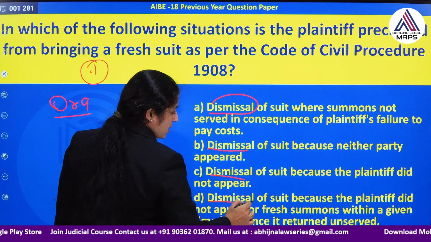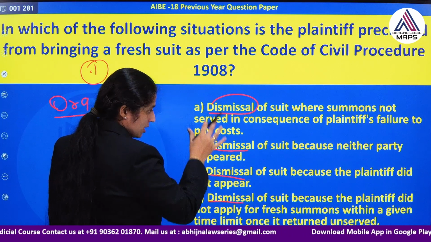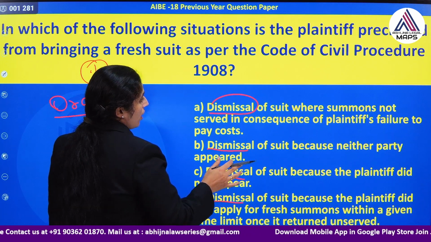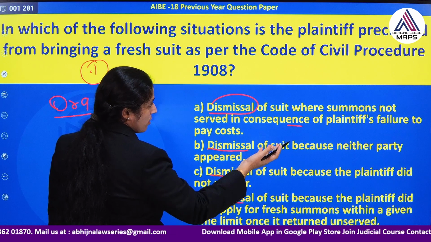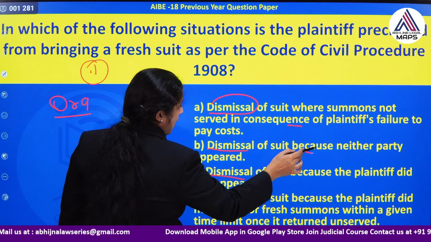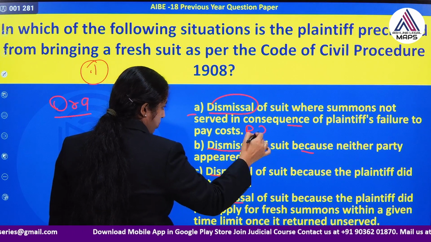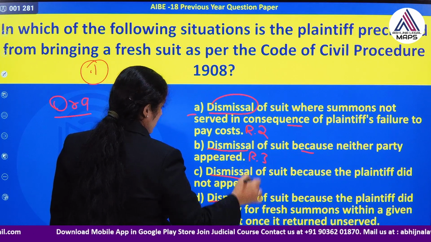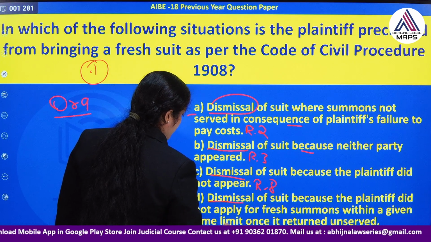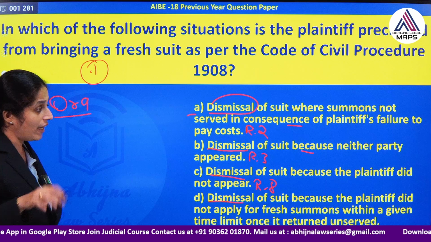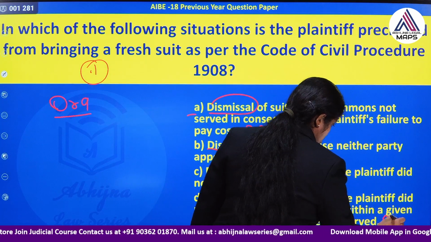The dismissal is regarding if a plaintiff is not paying process fees for the summons, if both parties do not appear. So, this is dismissal under rule 2, rule 3 of order 9. This is a dismissal under rule 8 and this is a dismissal under rule 9. So, whether fresh suit can be filed if such suits are dismissed, that is the question.